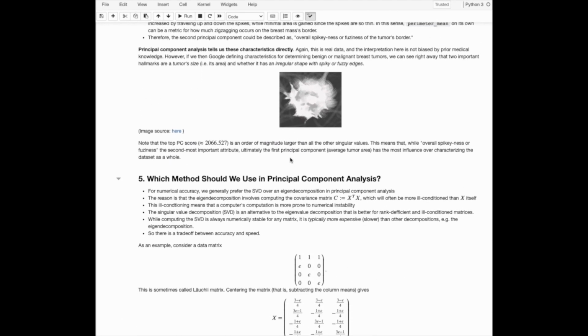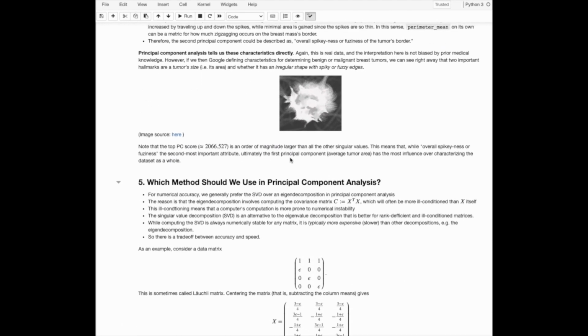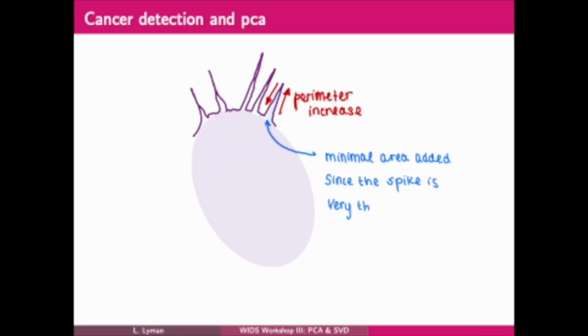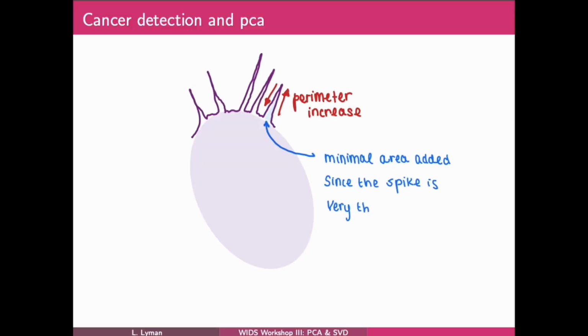So how can we vary the size of the tumor's perimeter while minimally affecting its area? One way to increase the perimeter without increasing the area is to give the mass tall and skinny spikes protruding from its border. This way, the perimeter is increased by traveling up and down the spikes, while minimal area is gained since these spikes are so thin.